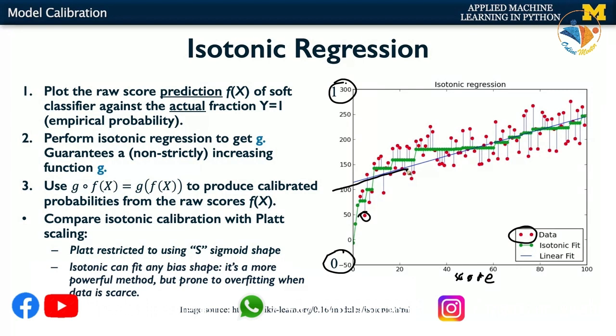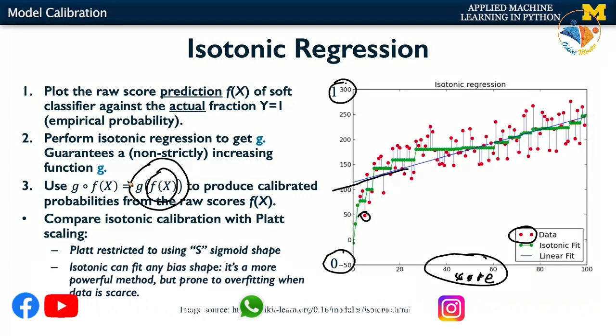So once we learn this function g, that's the function that allows us to take a raw score in x and convert it to a calibrated probability. So we can just take our original estimate that came from f of x, and pass it through the calibration function g that we learned, to get our calibrated probability estimate.